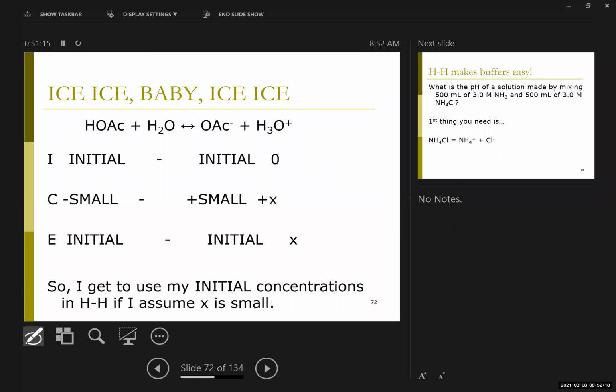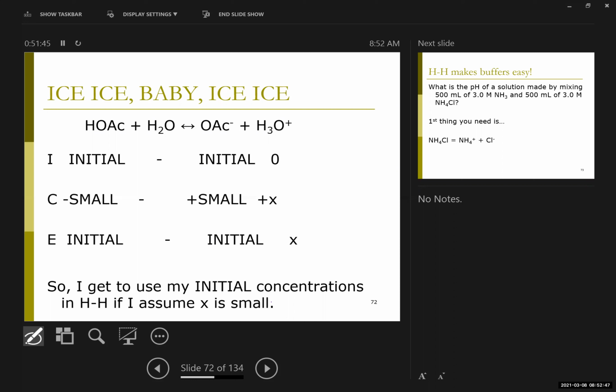Because now my equilibrium concentration is really approximately the initial concentration, and I can just use my initial concentrations in Henderson-Hasselbalch to, God forbid, get the pH without solving the ice chart. I hate this. You will mostly love it, although part of you should hate it, because again, it is a special case.